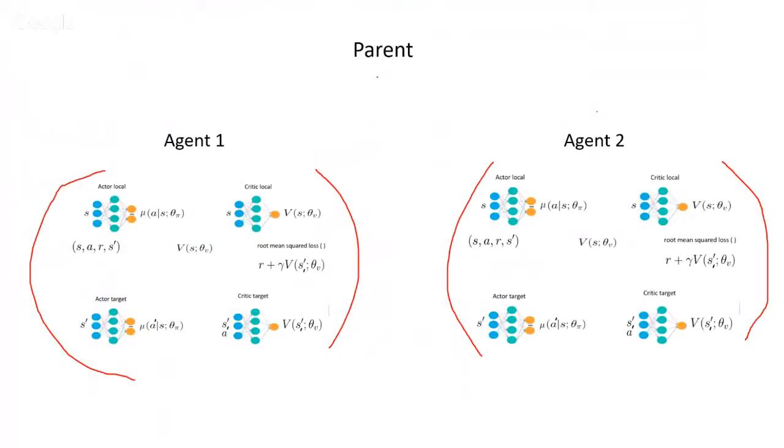So I will create a parent class, and I will initiate two agents in it, and each agent will have four networks, two of which are actor networks, actor local, actor target, and two are critic local, critic target, and same for agent 2. And you have to train these two, actor local, critic local for agent 1, and actor local, critic local for agent 2. Okay, so let's see how we do that.